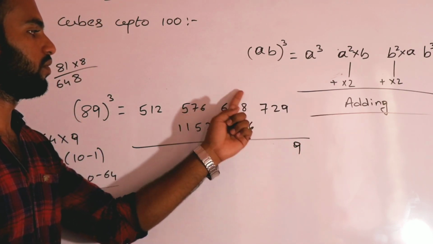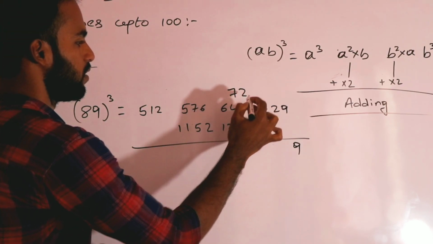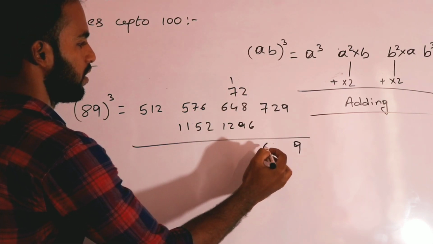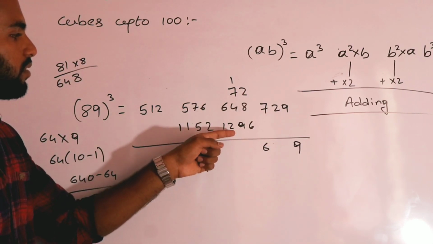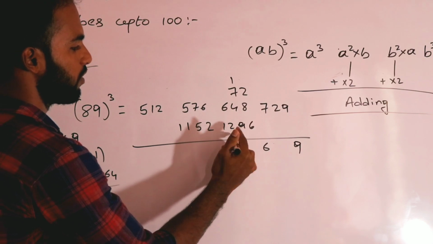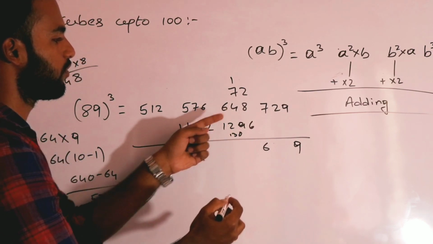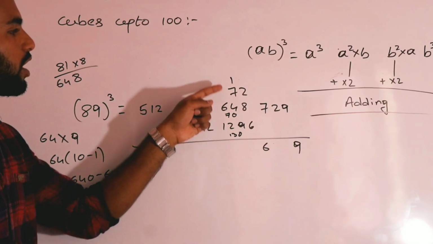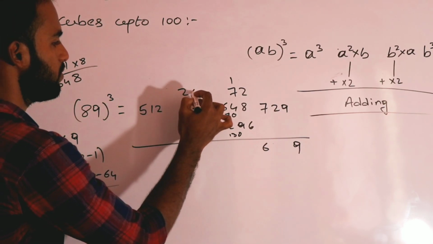Carry this 72 over here. 8 plus 2 will be 10, 10 plus 6 will be 16. Now distribute this 7 to these two terms. 129 will become 130, 64 will become 70. 130 plus 70 is 200, 200 plus 1 is 201.